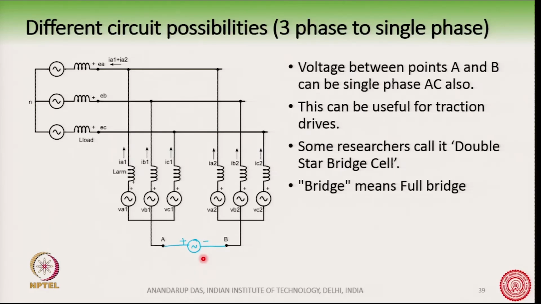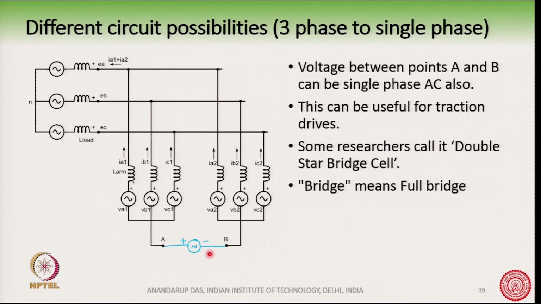So, what we are understanding is that the voltage between A and B is not necessarily a DC. The voltage between point A and B can be a single phase AC also. And where can it be applied?